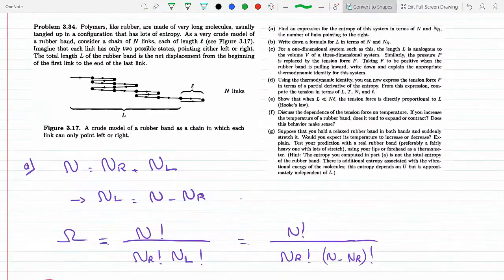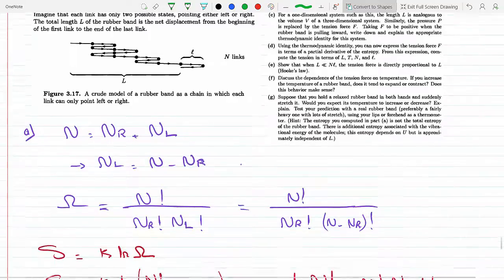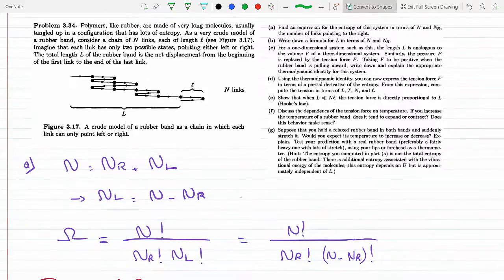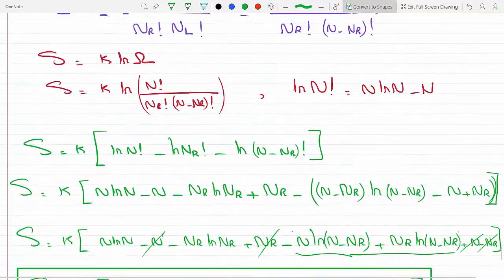Okay, for part B it says write down a formula for L in terms of N and NR. Well, as was already said in the body of the question, the total length L is the net displacement times the length of each link.